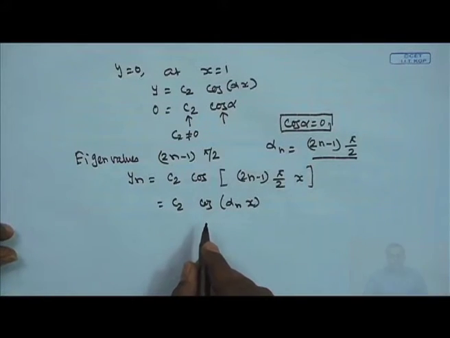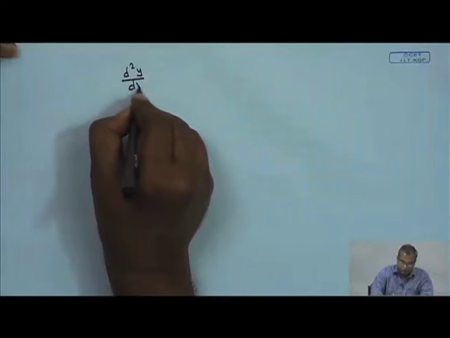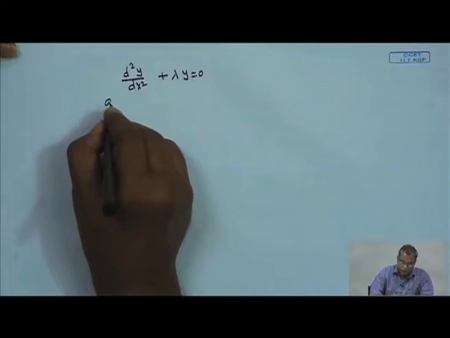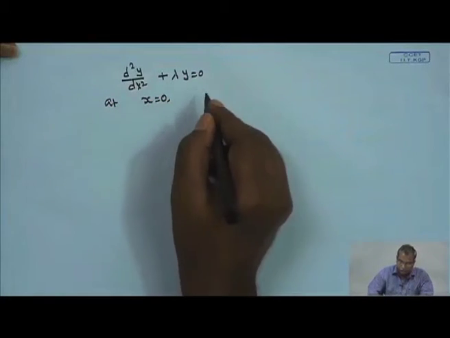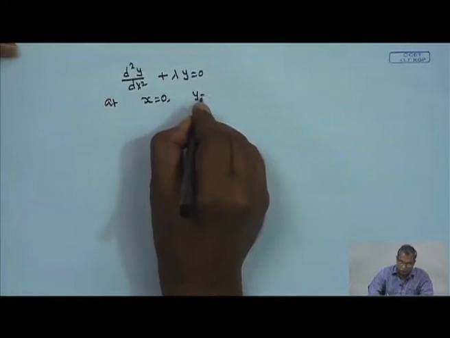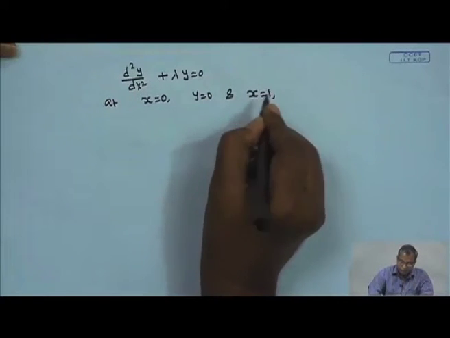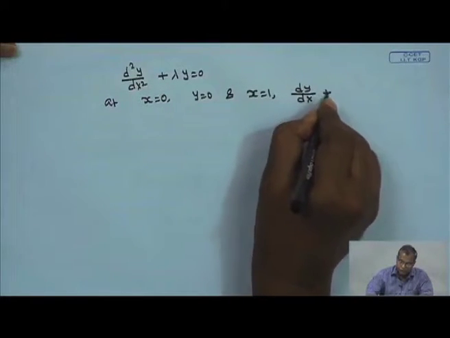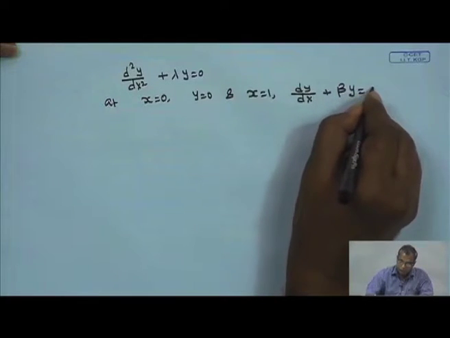In the next example, we will take up a mixed boundary condition at x equal to 1. It is a Robin mixed boundary condition, and we will see how the solution evolves. d square y dx square plus lambda y is equal to 0, at x equal to 0 we have y is equal to 0, and at x equal to 1 we have a mixed boundary condition, that is dy dx plus beta y is equal to 0.